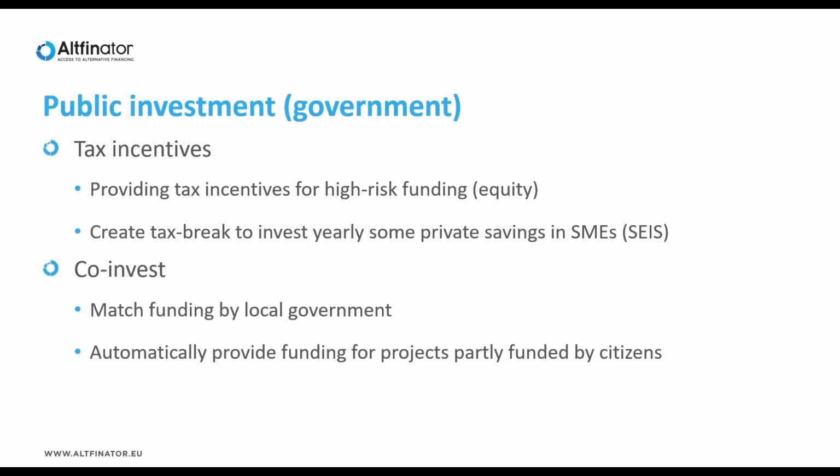For example, there are a lot of civic crowdfunding initiatives where citizens themselves can start up their own project. They try to raise funding for it, and if 50% of it is reached, then the second 50% will be provided by the government, or the government will always provide 1/3 of the funding in the beginning, and then the citizens themselves have to finance the rest of the 2/3.